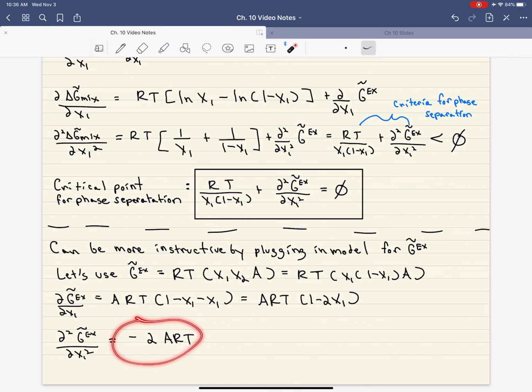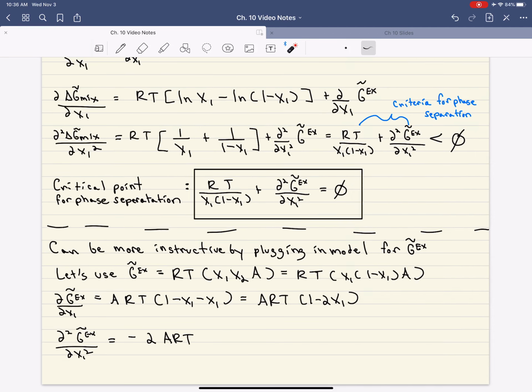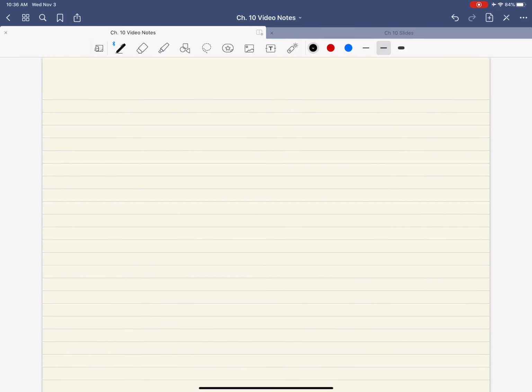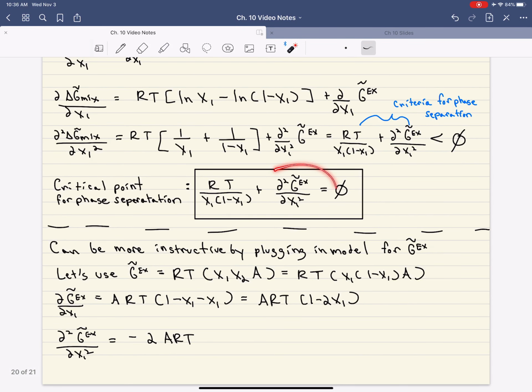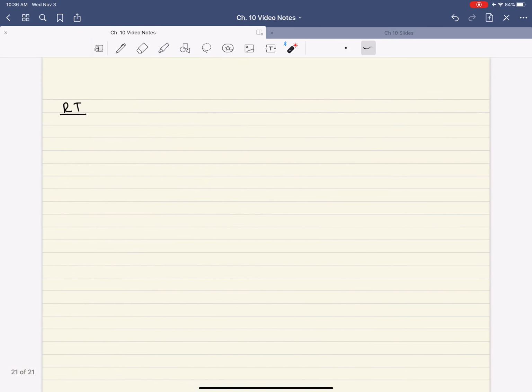And so what we'll do now is plug this result into the inequality. So we have 1 over RT x1 (1 minus x1) minus 2A RT.